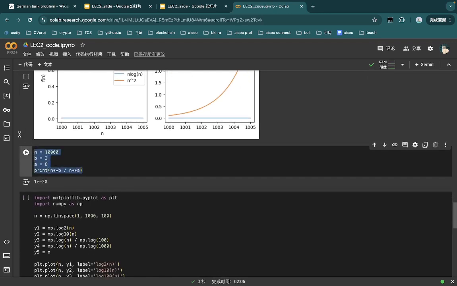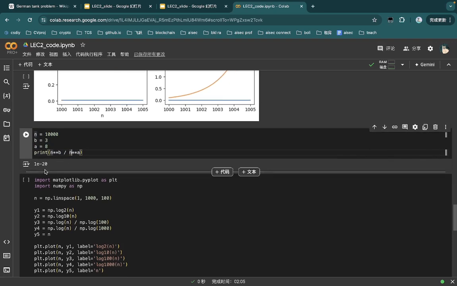And I'm showing you some limit stuff, like the limit is equal to 0. 10 to the minus 20 is almost 0, right?